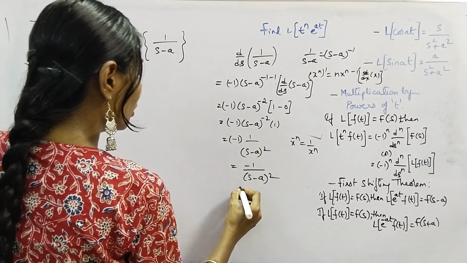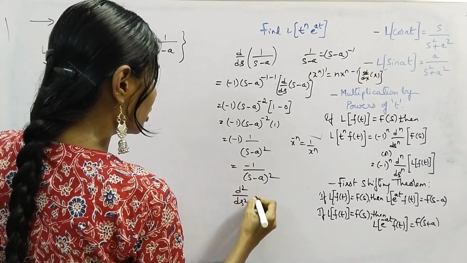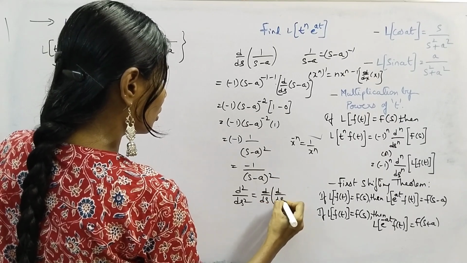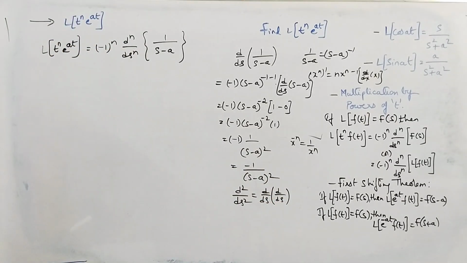We know that d square by ds square can be written as d by ds into d by ds.